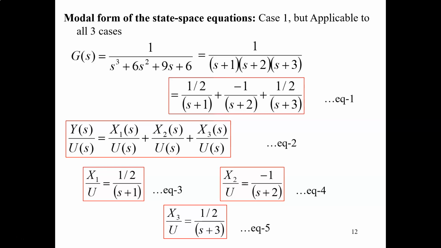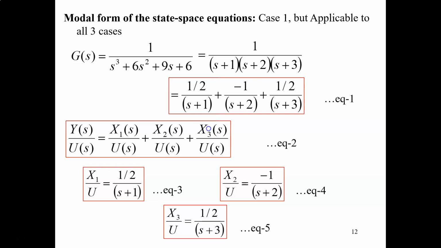So to do that for the modal form is a lot simpler. Even for a third order system, you need to break them into 3 parts. If it's second order, you break them into 2 parts. And you just assume the output equals x1 plus x2 for second order. If it's third order, then you add x3 there.